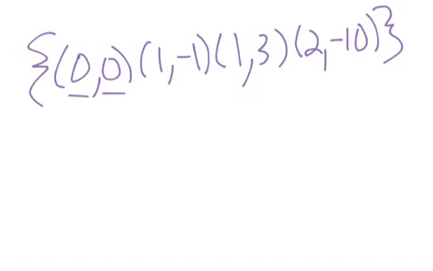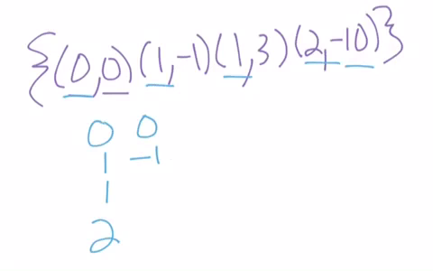So 0 matches up with 0. 0 only has one range. Okay, that's cool. Then we're going to underline all of our x values here. We have 0, 1, 1, 2. What matches up with 0 is 0. What matches up with 1 is -1 and 3. So this already has 2 output values, so this is not a function.